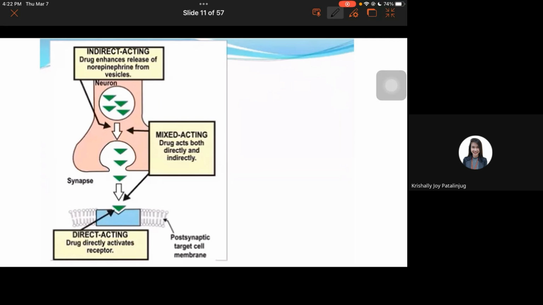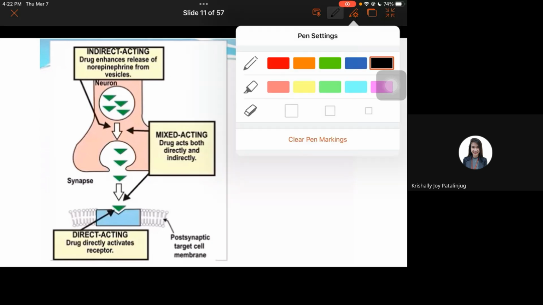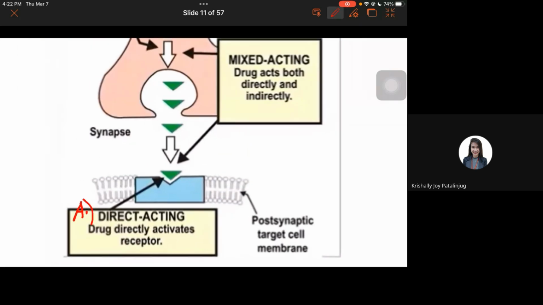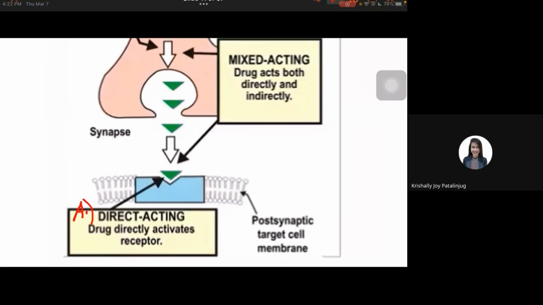What does the three general classifications based on MOA mean? Ano ibig sabihin ng direct acting, indirect acting, at saka mixed acting? Kapag sinabing, let's have first, direct acting. Ayan. Pag sinabing direct acting, it has something to do with a drug that directly activates the receptor.